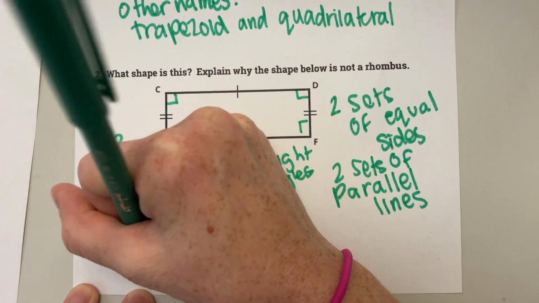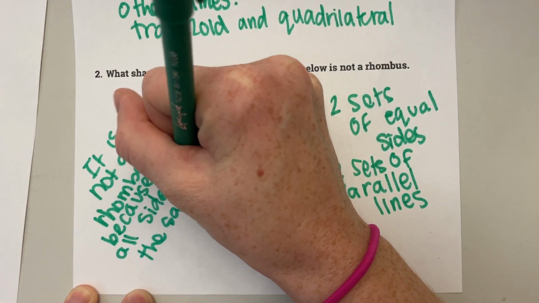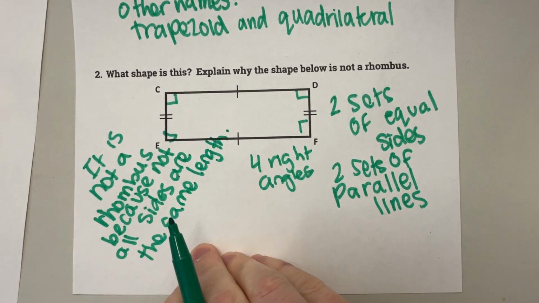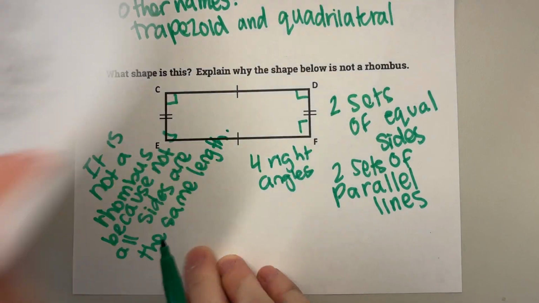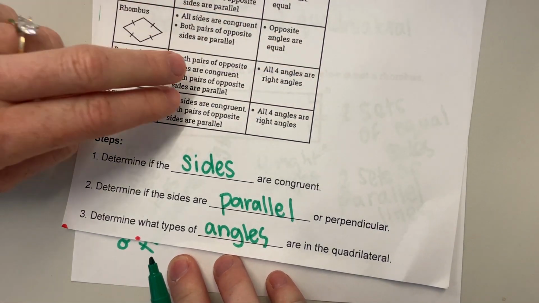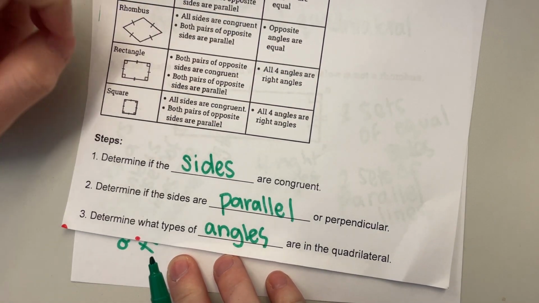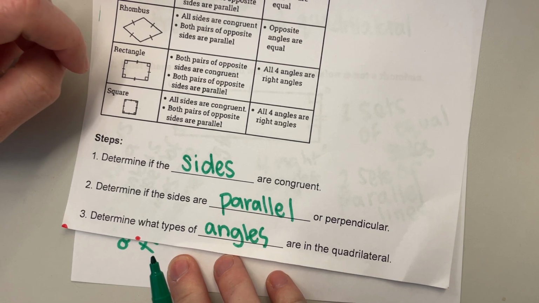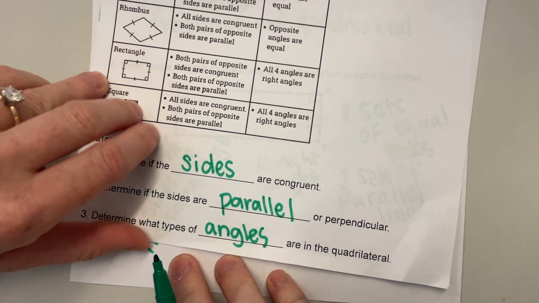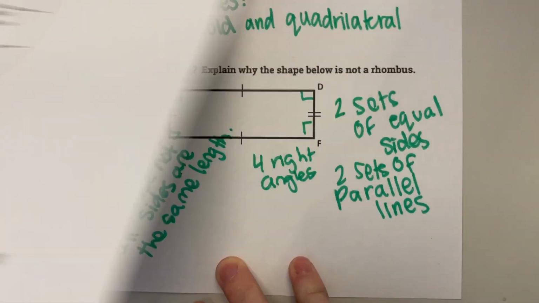Okay, and it is a rectangle because it has 4 right angles, and then it has 2 sets of parallel lines, and then 2 sets of congruent sides. So it is a rectangle.